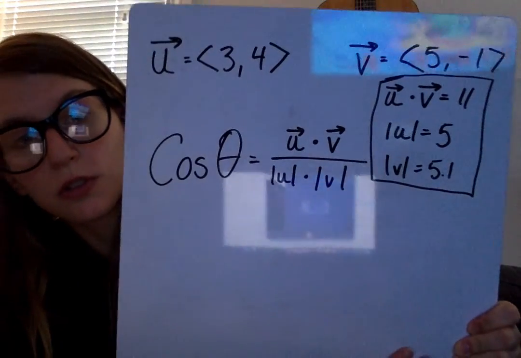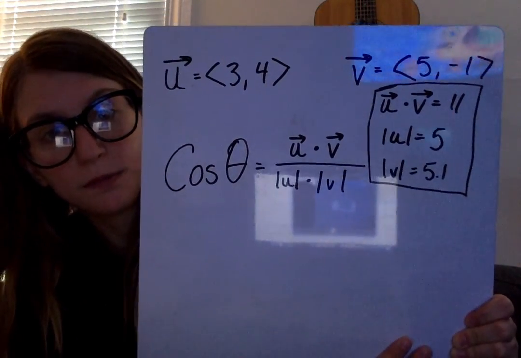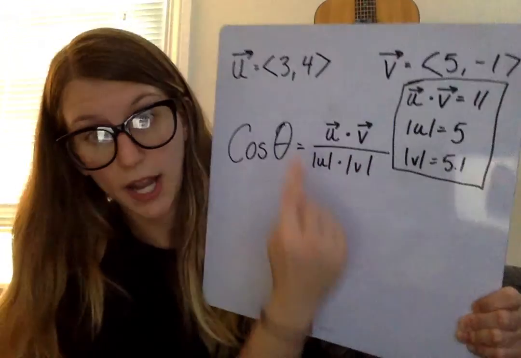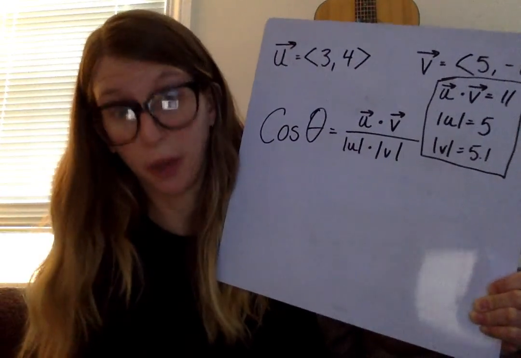So I'm going to put in a little box the information that we have, and then we're going to look at our formula again. Remember, our formula is the cosine of theta equals the dot product over the magnitudes. Cool. So this is our formula, and now we're going to plug and chug. I know that my numerator is just 11.